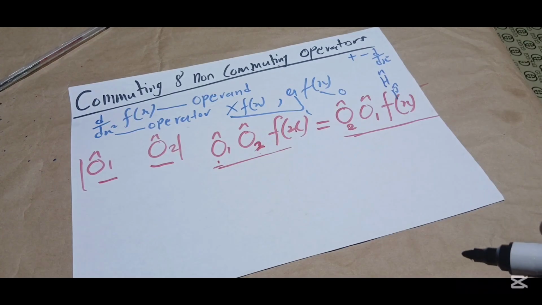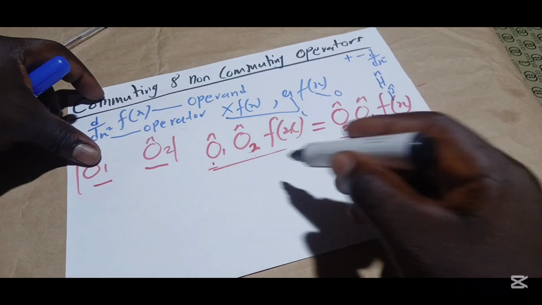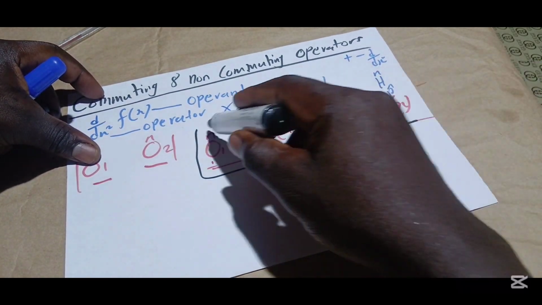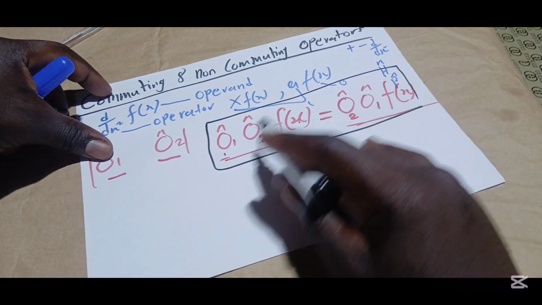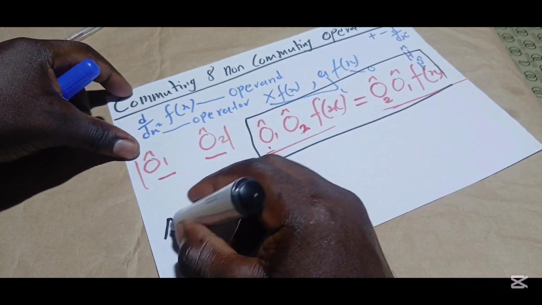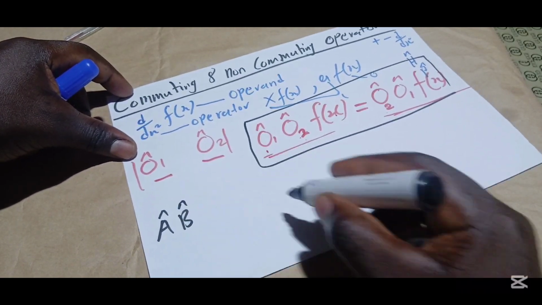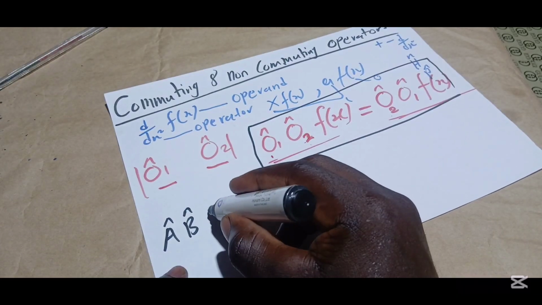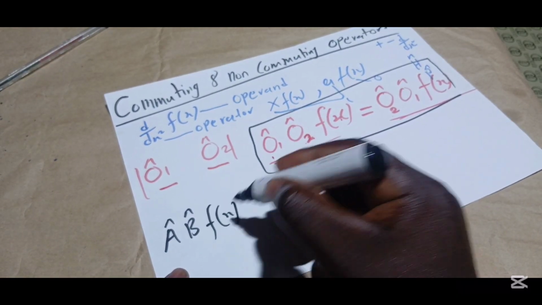Before we continue, this is what you should know, and we'll look at the general definition for this. Let's say we have operator A and operator B. We want to know what happens if we operate this on the function f of x.